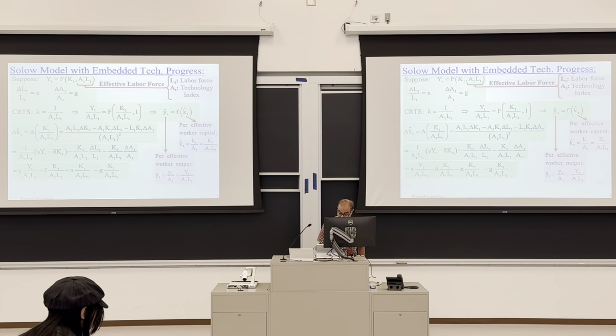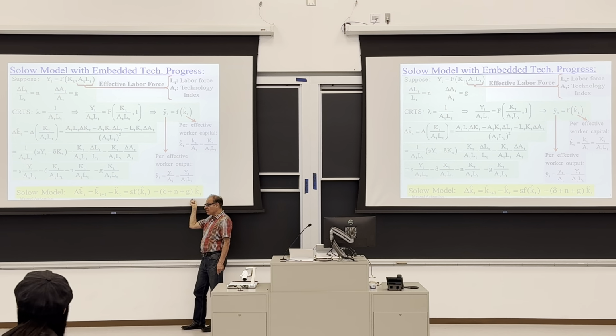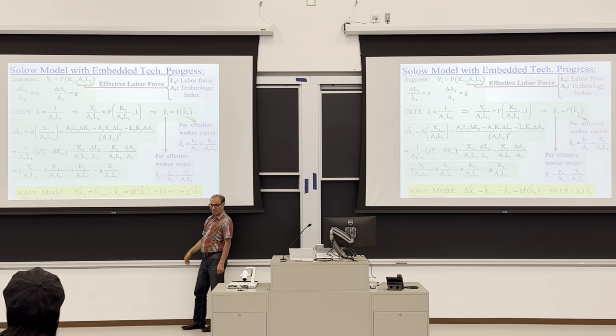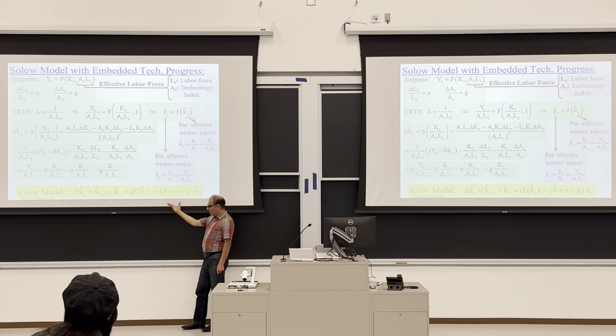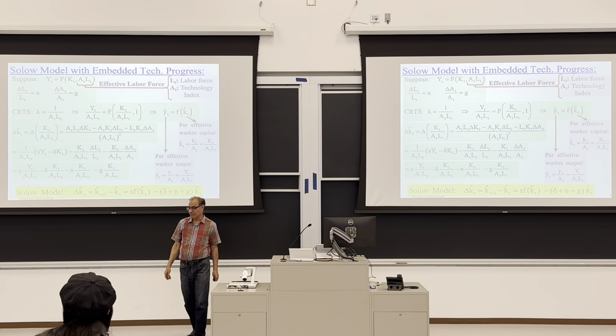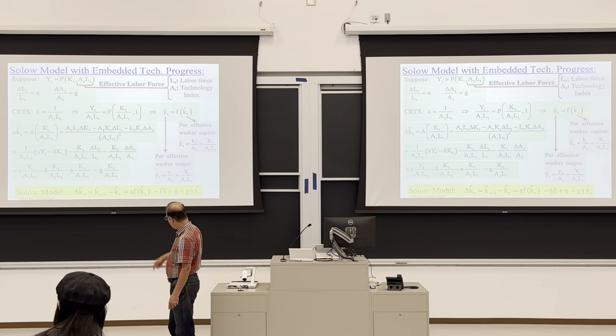Okay, so if you factor out, you get the Solow model with technological progress and population growth rate. It's pretty similar to the original Solow model. So there are only 2 differences between the original Solow model and this model.